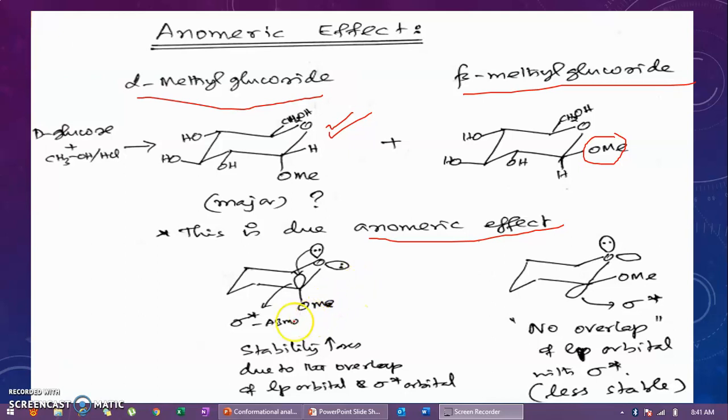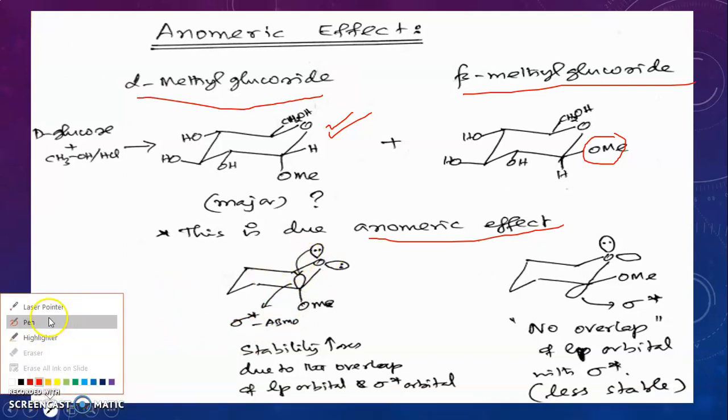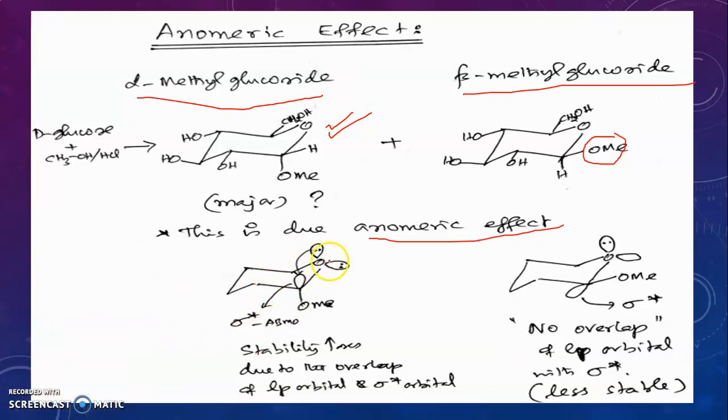The new explanation is this. See, this oxygen has two lone pairs. One lone pair is present in axial position. The other lone pair is present in equatorial position.